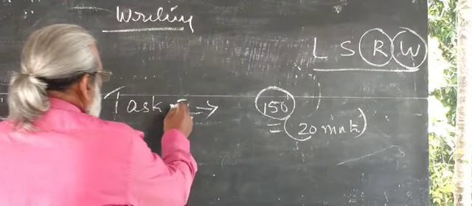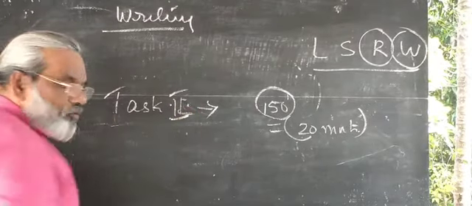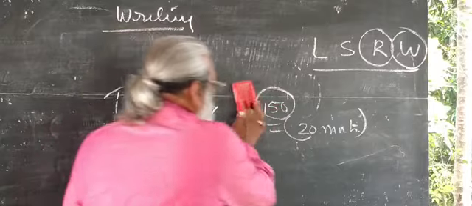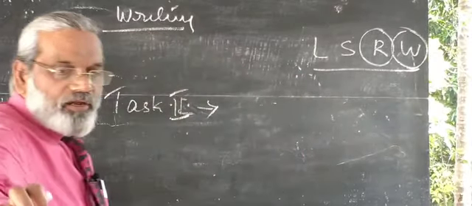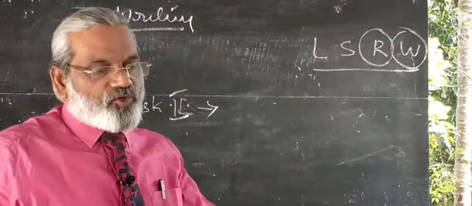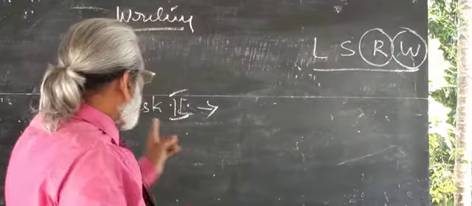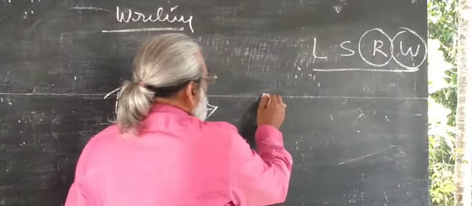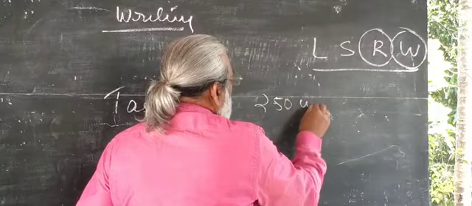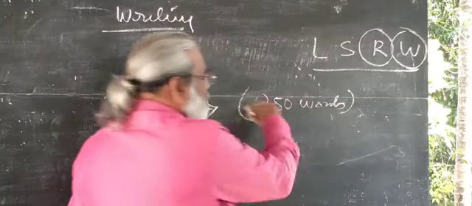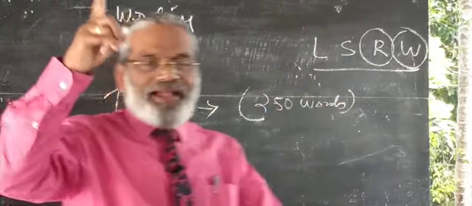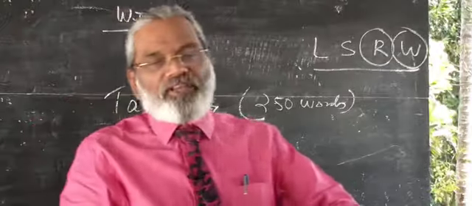Once you go to task number 2, all the IELTS trainers would say you can write this task number 2 in 250 words. Task number 1 is 150 words.